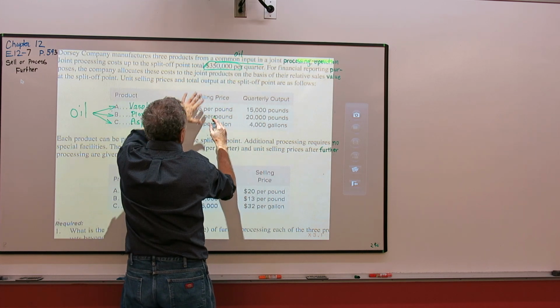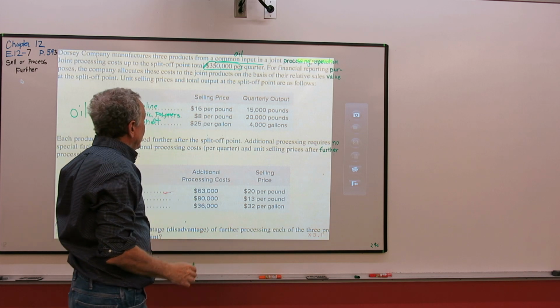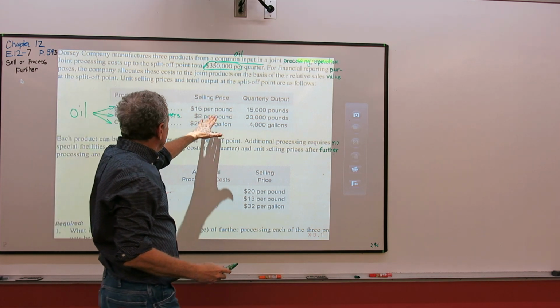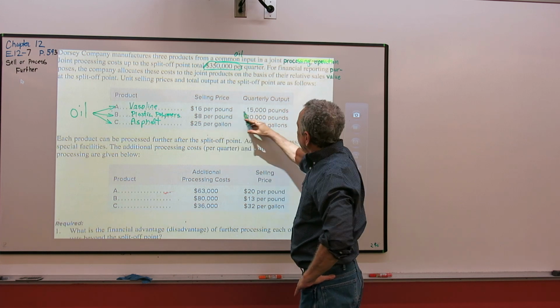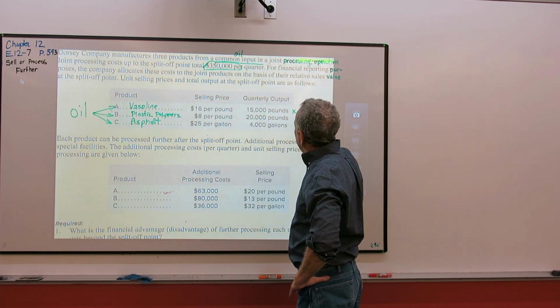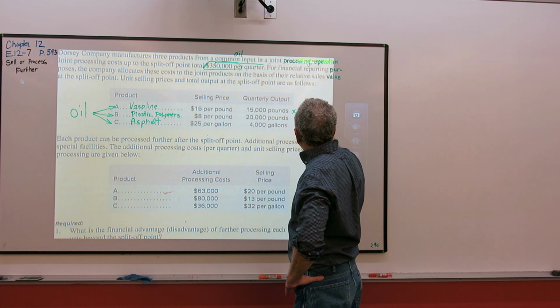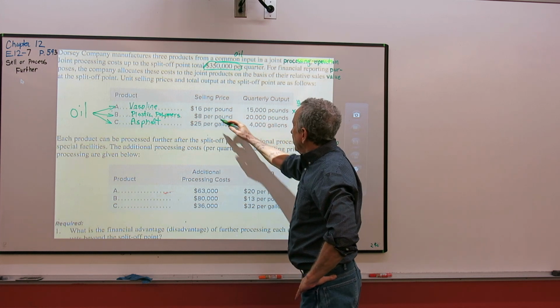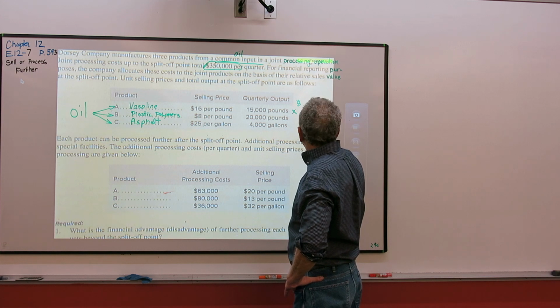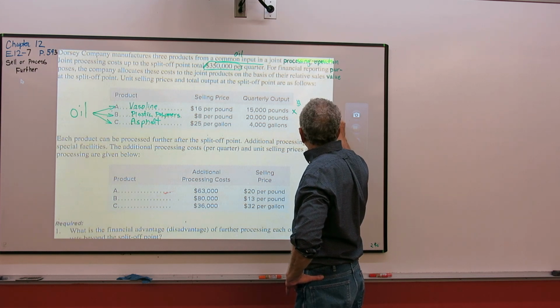They can sell all these for $350,000. Now, what did it cost them? Well, let's take $16. They've got 16 times 15. I think that's $240,000. That's what it cost them to get them to this point. 20 times 8, I think that's 160, isn't it? That's $160,000.